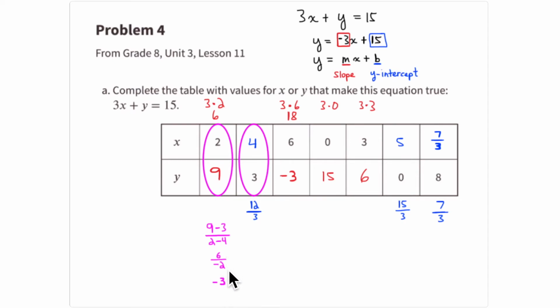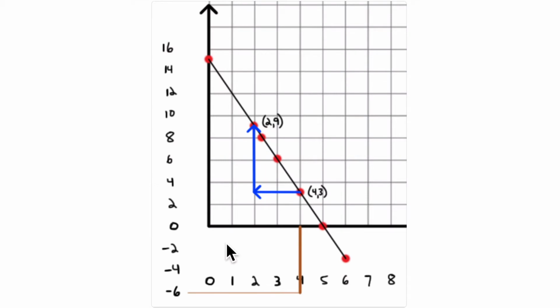So 6 divided by negative 2 is negative 3. Now, this is set up so that this point, (4, 3), is being subtracted from (2, 9). Here's the 2 and the 9 for the point where you end, and you're subtracting where you start.